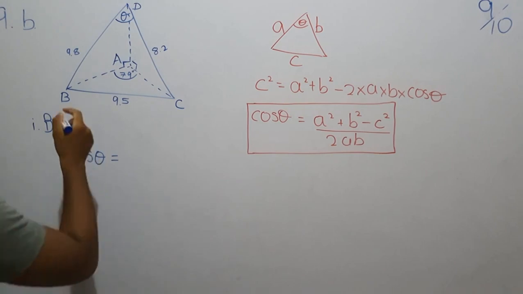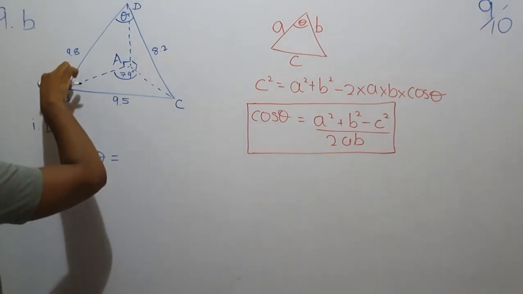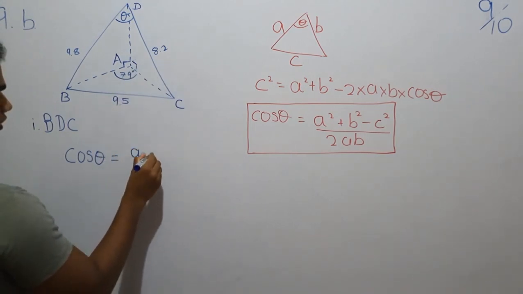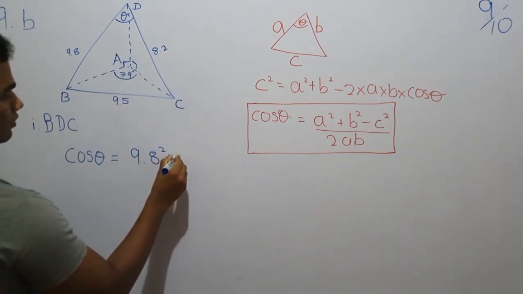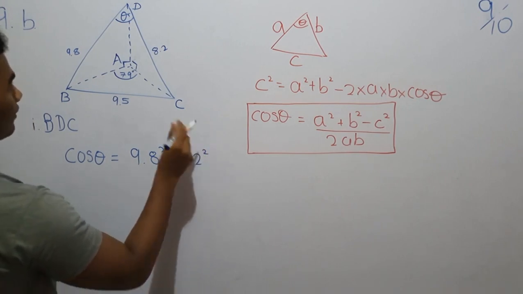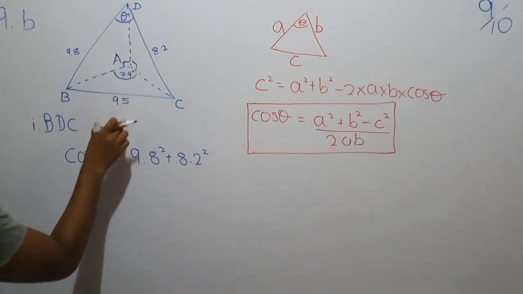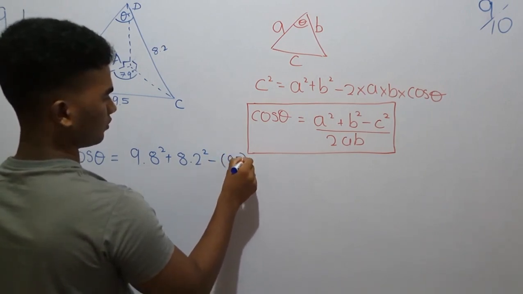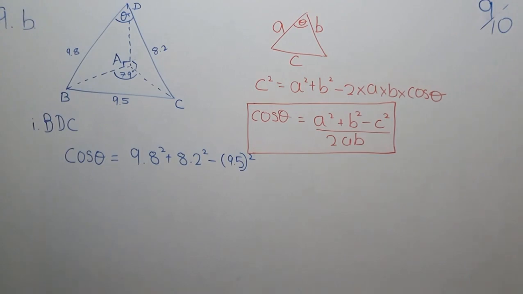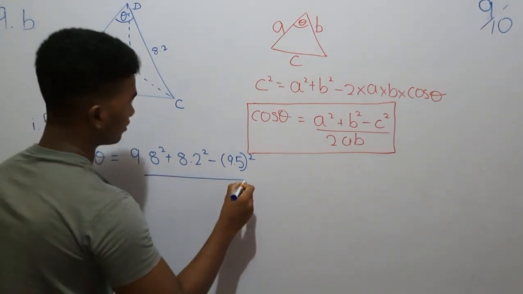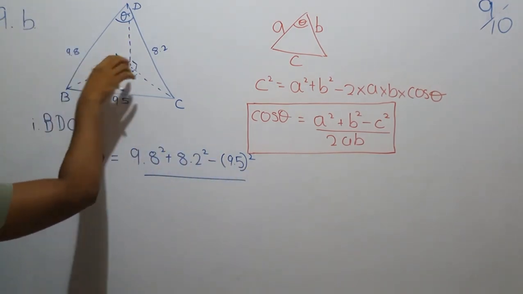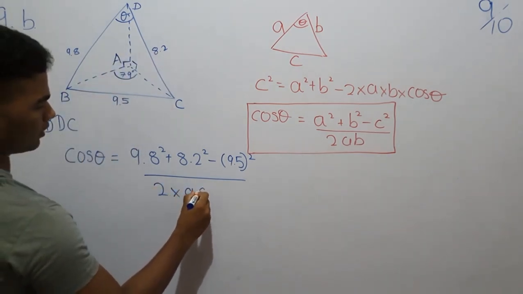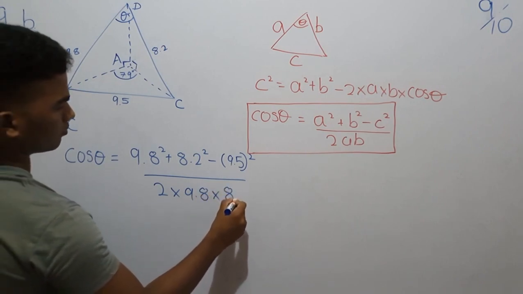Cos theta equals 9.8 square plus 8.2 square, and the opposite side as minus 9.5 square, divided by 2 into the either side's length. 2 into 9.8 into 8.2.